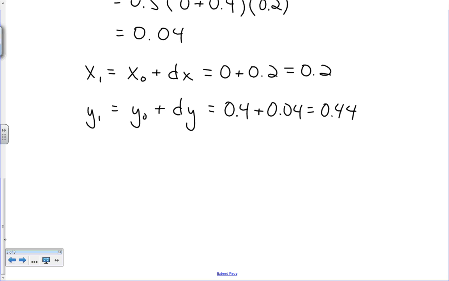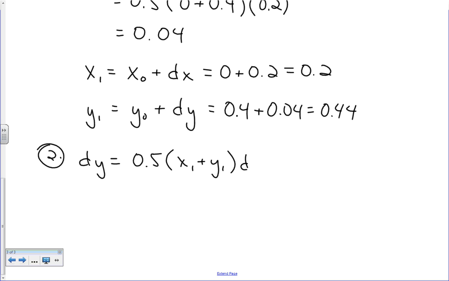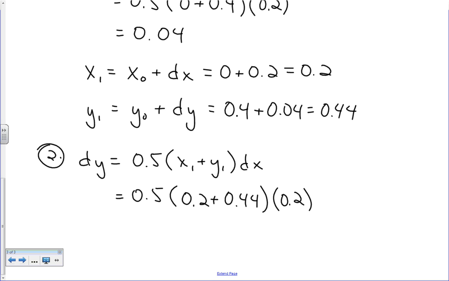How do we get several more? Well, we repeat this process. So the second iteration of this. First thing you got to do is calculate dy. dy is equal to 0.5 times now x sub 1 plus y sub 1. We take the last value that we just calculated and use it as the new input. So this turns out to be 0.5 times x sub 1, which is 0.2, plus y sub 1, which is 0.44, times my dx, that's 0.2.